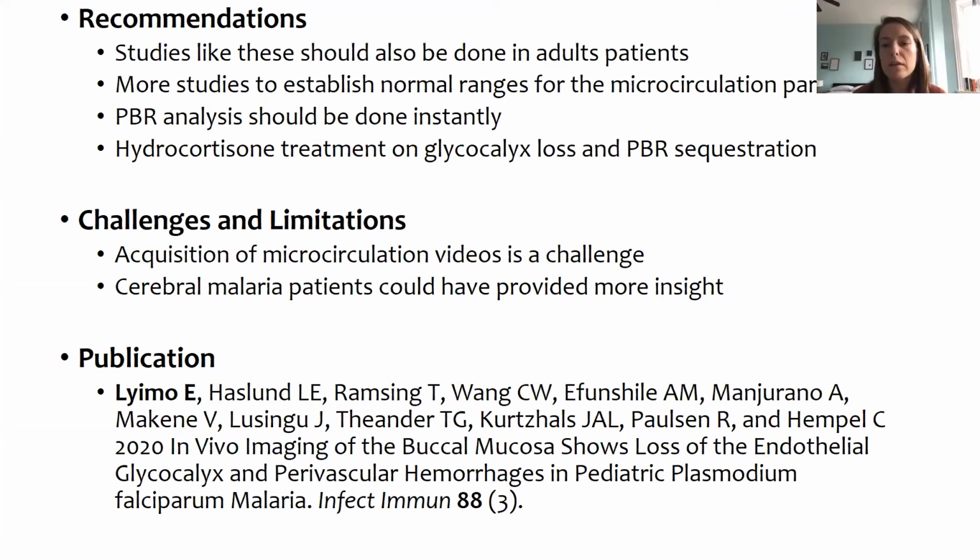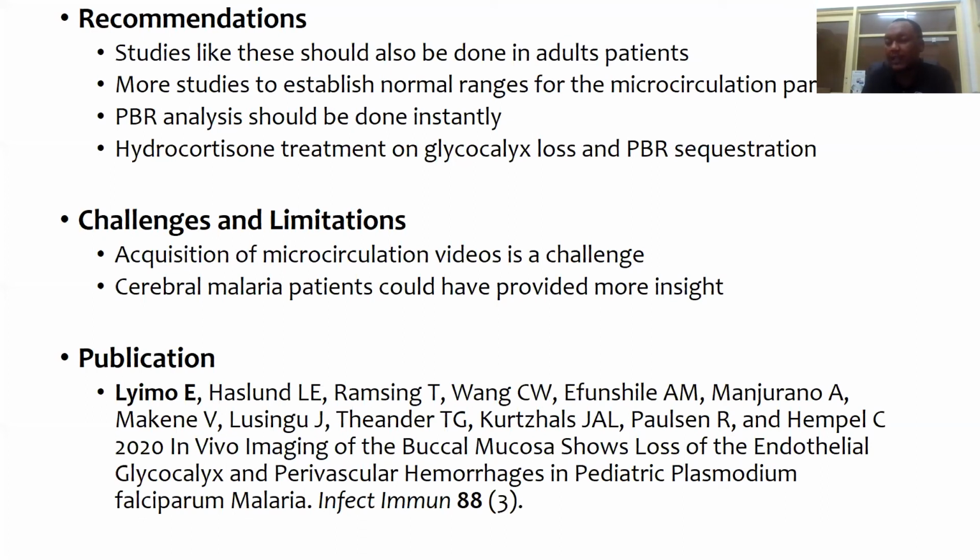And as far as the mechanism of how the loss is occurring, do you think the glycocalyx loss is caused by the binding of infected red blood cells or by inflammation? Starting with the first one, what we think is that when the inflammatory response occurs due to Plasmodium infection, this is when the proteins which erode the glycocalyx appear.